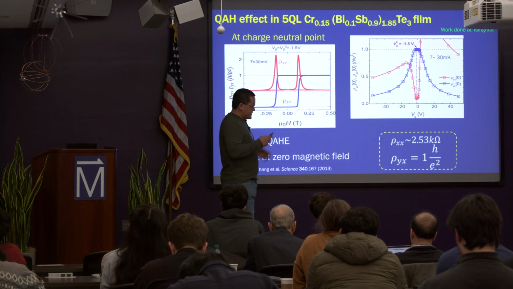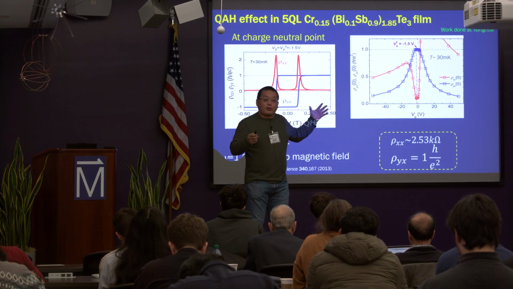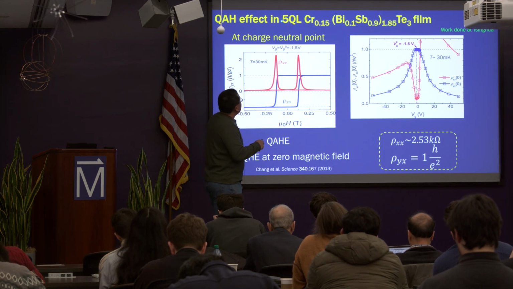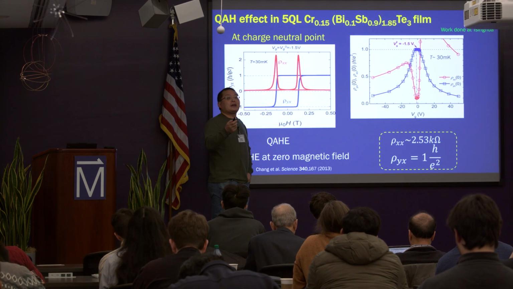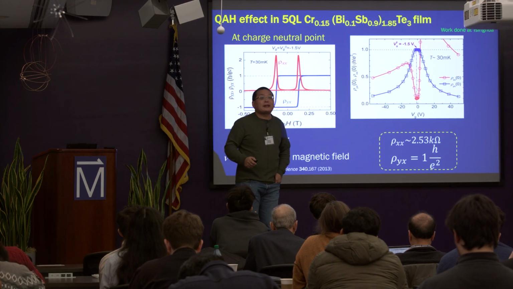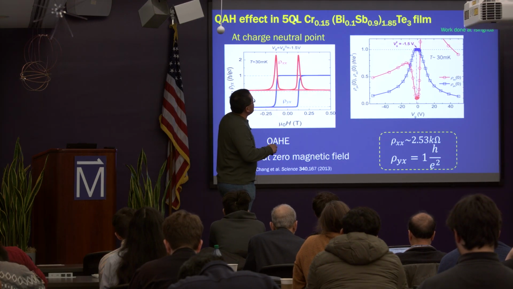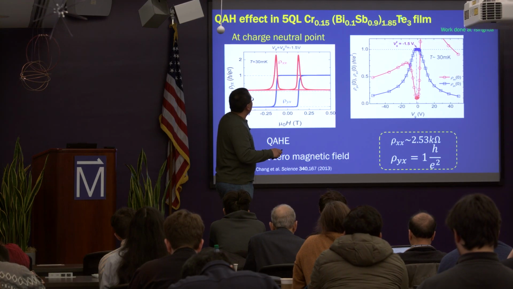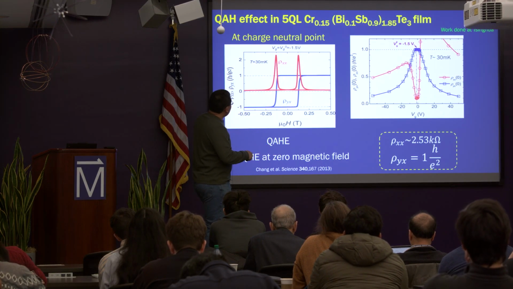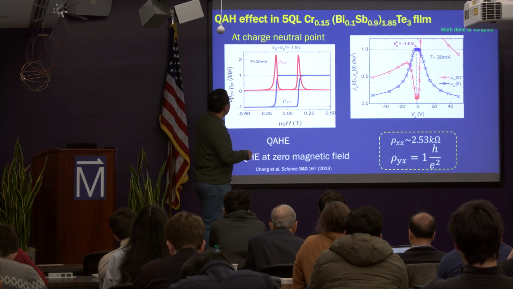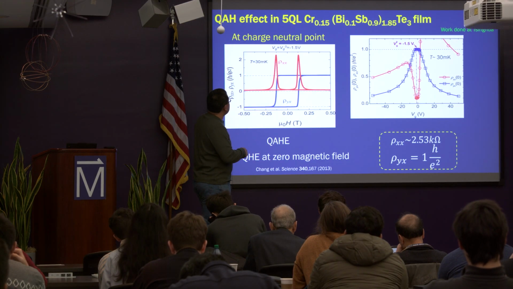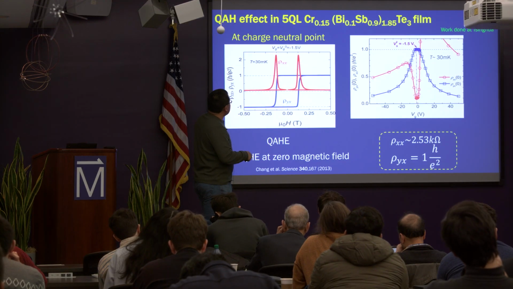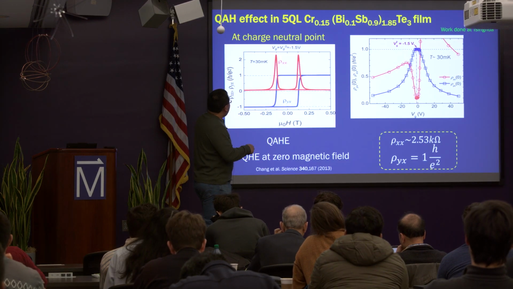So here is the sample. Finally, the perfect data: we realized the quantum anomalous Hall effect in a 5 quintuple layer film. One quintuple layer is about 1 nanometer, so the sample thickness is 5 nanometers, a chromium-doped bismuth antimony telluride film. At the charge neutral point, the Hall resistance is quantized at h over e squared, and the longitudinal resistance approaches 0.